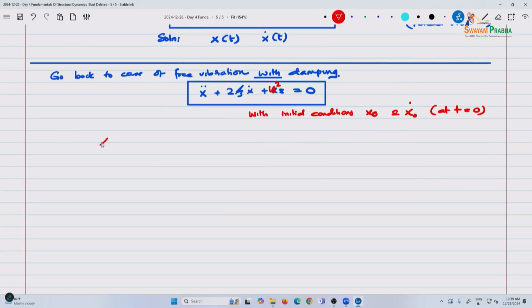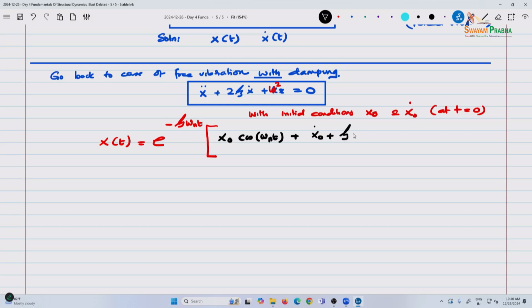Now, the solution for this is given as e power minus xi omega n t multiplied by x naught cosine omega d t plus x naught dot, that's the initial condition there, plus xi omega n x naught divided by omega d.